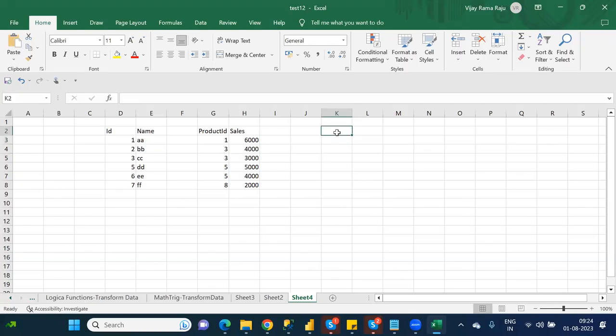So how many types of joins are there? Left outer join, right outer join, and full outer join.